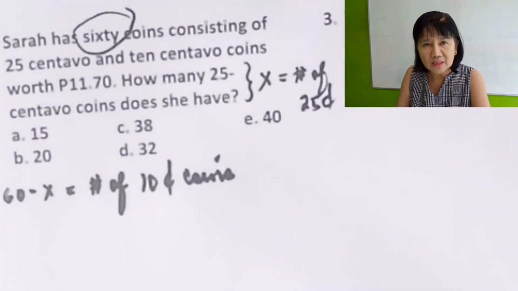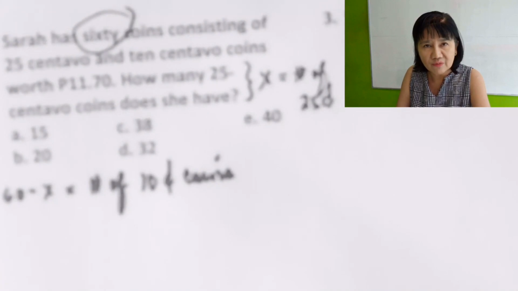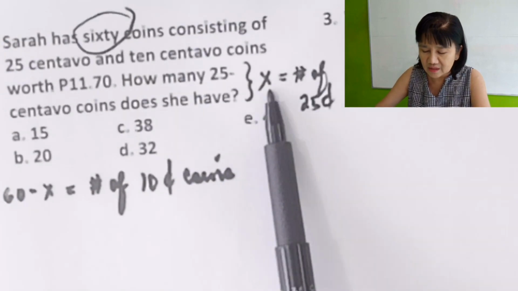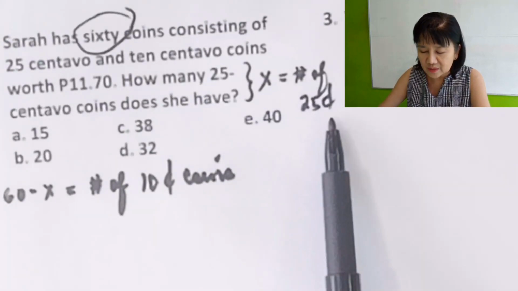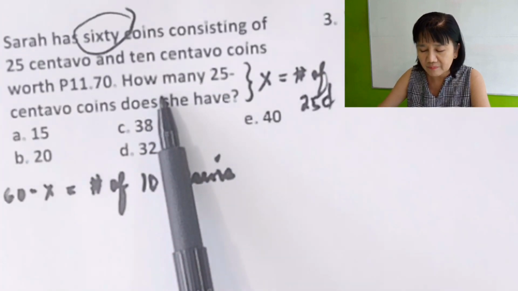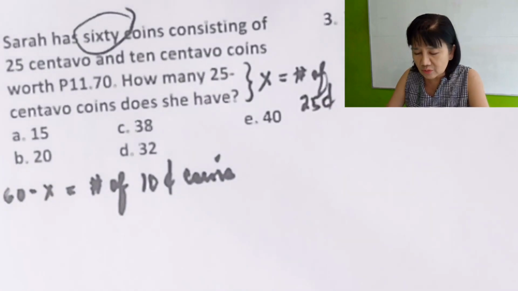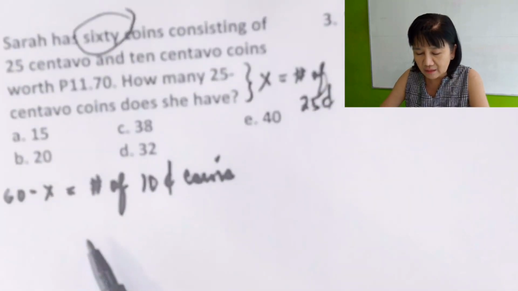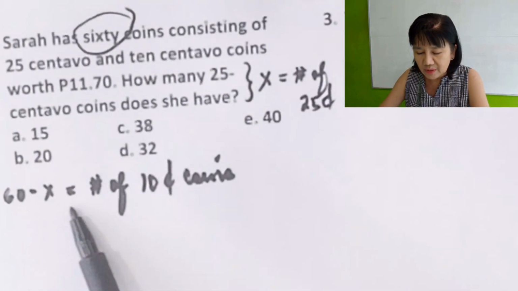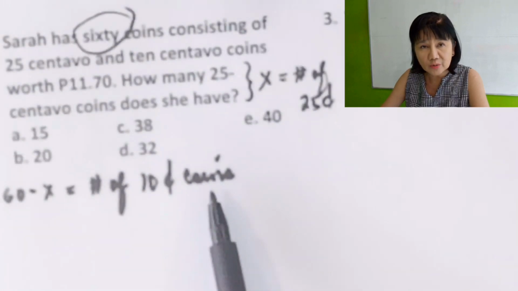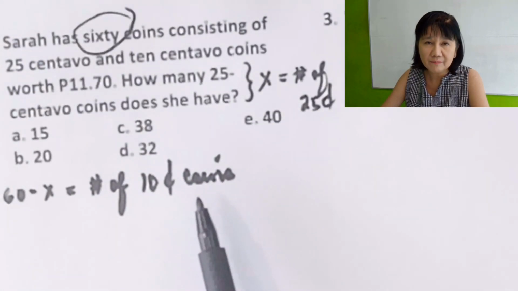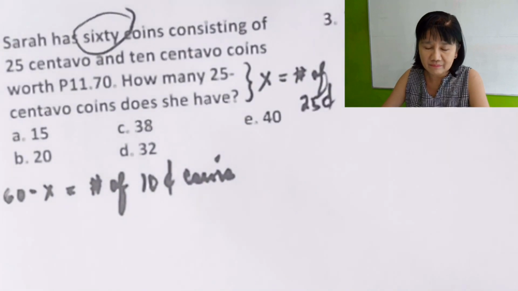So it would be better to be safe from the start. You let X be the number of 25 centavo coins because this is the one the problem is asking for. You can actually use two variables here, X and Y, letting Y be the number of 10 centavo coins, but I don't suggest that because it will take a longer time.